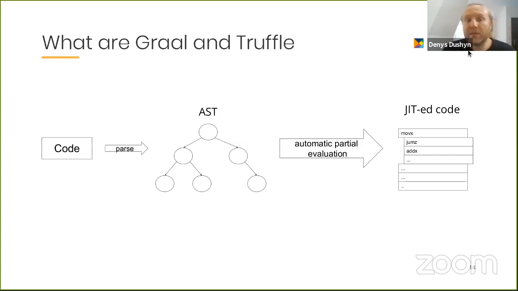That parse tree can be translated into an abstract syntax tree, and Truffle, with the help of Graal, will translate this abstract syntax tree interpreter into JIT code that can later be installed into the code cache and used by a virtual machine. The procedure applied during the transformation from AST to JIT code is called partial evaluation.